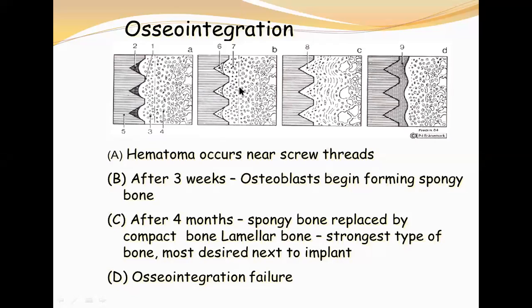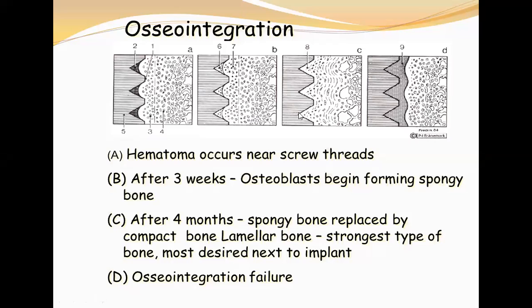Initially a lamellar bone is formed there, and then this lamellar bone, meaning this soft bone, is replaced by trabecular or compact bone. This takes more than 2 months. At least you need 2 months to go through this whole process.